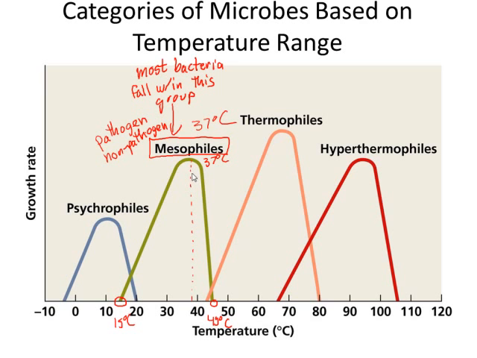That's right, the body responds with a fever because as our temperature raises, we're going to slow down the growth rate and allow our immune systems to catch up. And so now our immune system can start to deal with that infection. Can you also see why refrigerating our food is important? As we refrigerate our food, those bacteria that are mesophiles can't grow, so we're suppressing their levels and preventing spoilage.